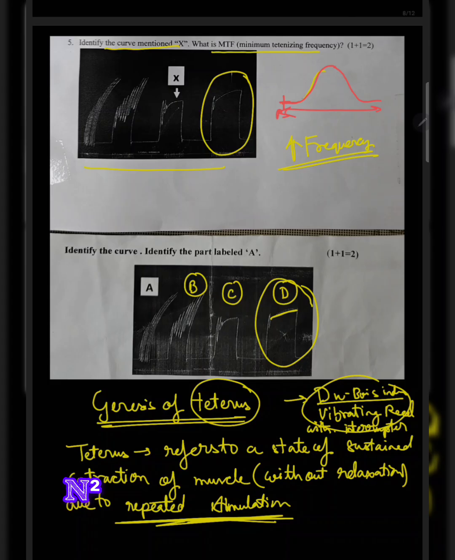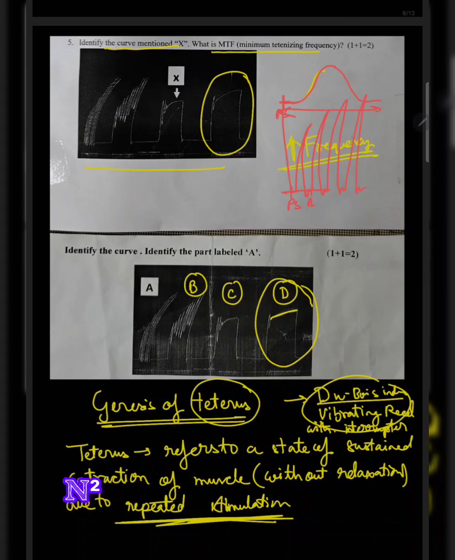If supposedly you are rotating the kymogram at a very slow speed, and you are giving repeated stimulation, what will happen? The point of stimulation will be like that. There will be a small latent period and you will get a contraction period, then a relaxation period. It will reach the baseline, it is relaxed, then another stimulation P2, and like this you get another curve.